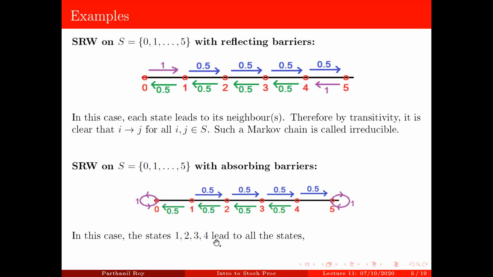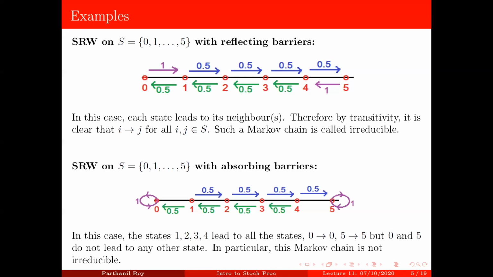They lead to everything. However, 0 leads to 0 and 5 leads to 5 because P00 is 1, P55 is 1. Not only that, if you start a Markov chain at 0, there is no way you can get out of 0. Same applies to 5. If you start the Markov chain at 5, there is no way you can escape 5. So therefore, 0 and 5 do not lead to any other state.